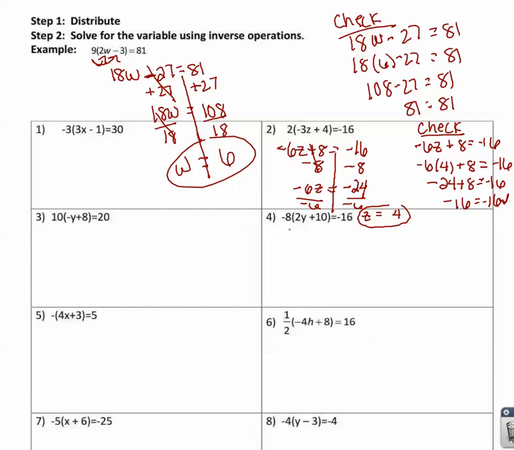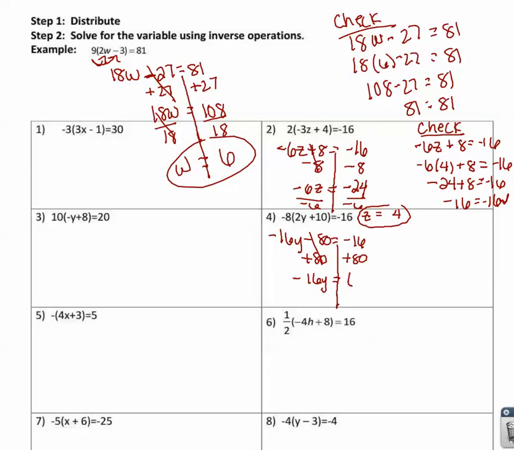Let's look at 4. So you're going to get negative 16y minus 80 equals negative 16. It's a two-step equation. Take your constant, move it first by using the inverse operation. So since it's minus 80, use plus 80. Write down what's remaining.